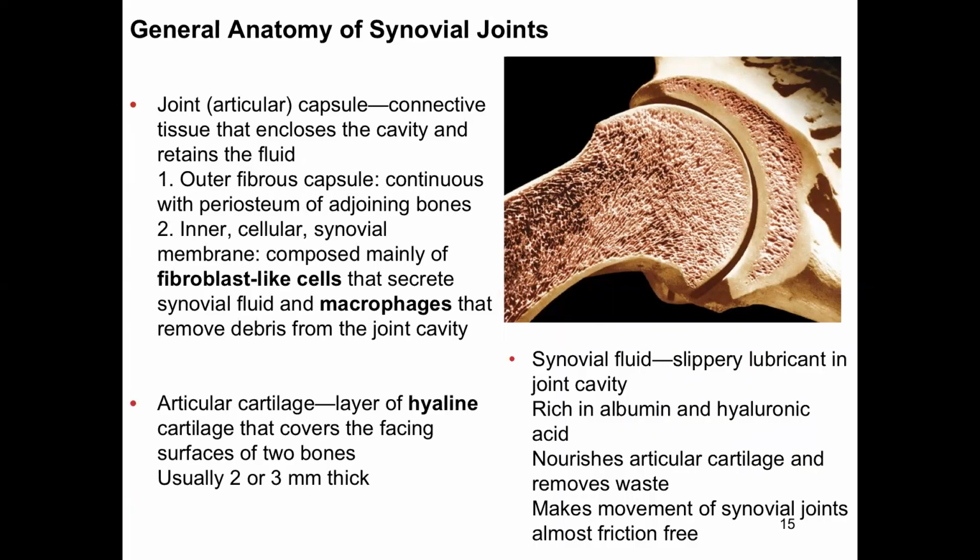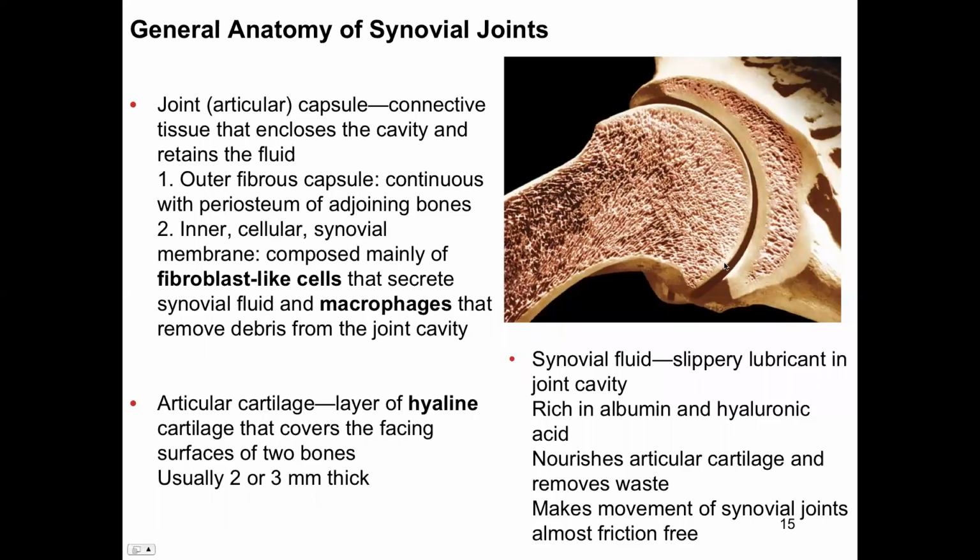Here I'm showing you how these bones fit into each other. We'll find out this is called a ball and socket, but you can see how nicely this bone fits into the other one. This is the femur, and this is the os coxa.